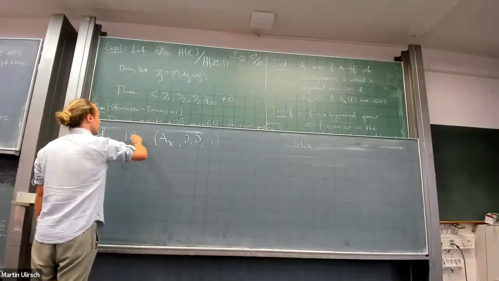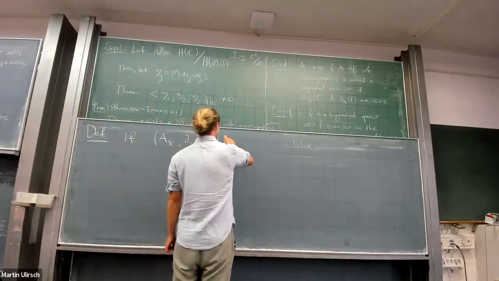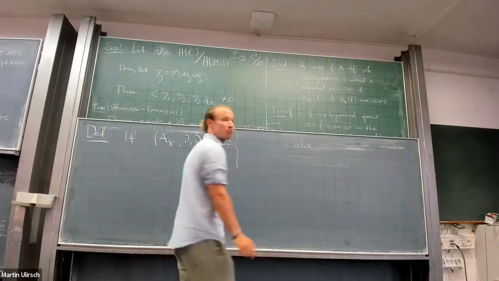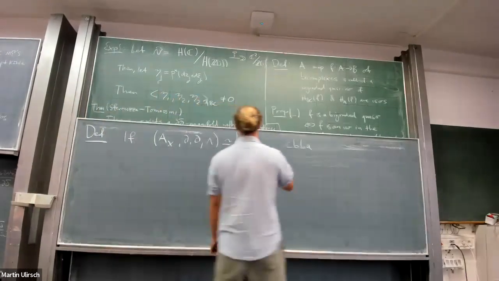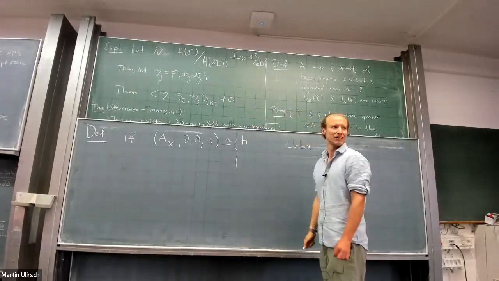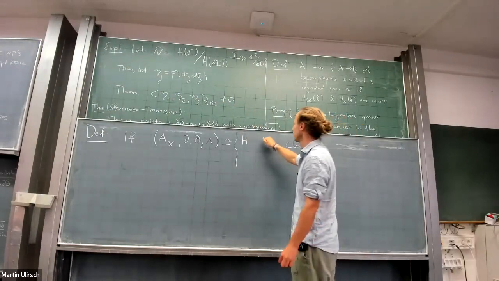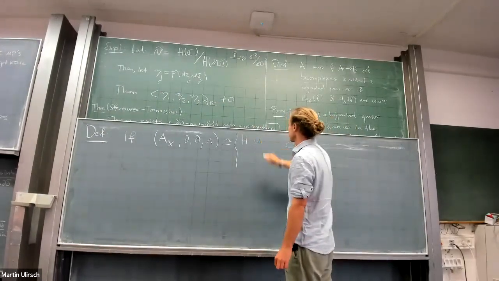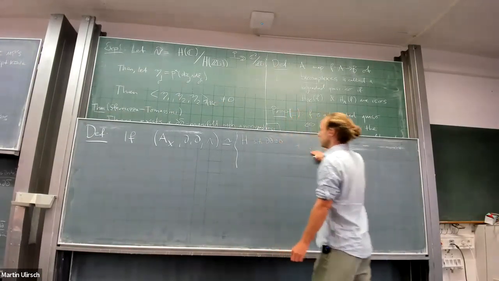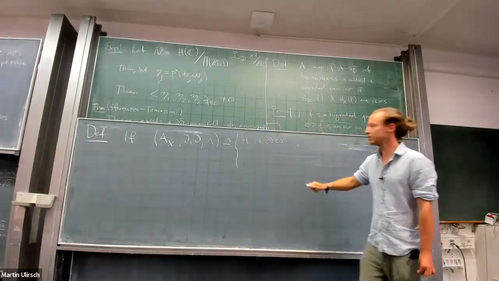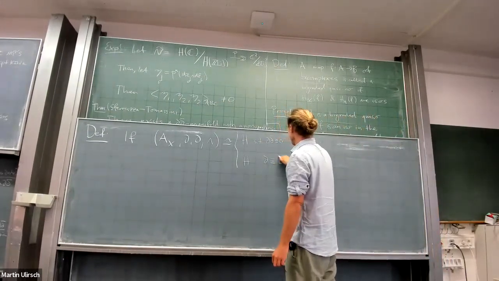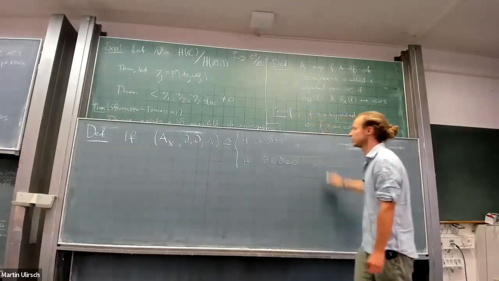So if this one is isomorphic to, and now we have two options. Either we say to some algebra such that d dbar is entirely zero, or to some algebra such that d and dbar are entirely zero.